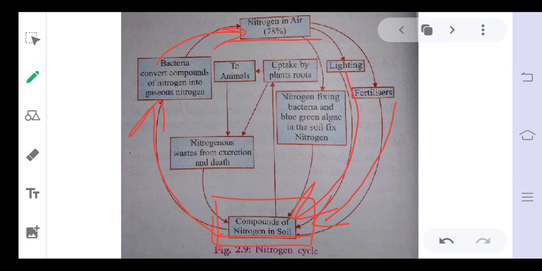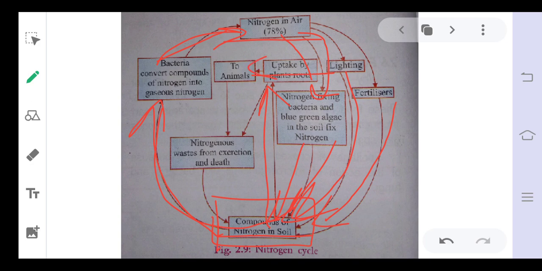After that you can see atmospheric nitrogen and the nitrogen-fixing bacteria that we had discussed. Through nitrogen fixation, atmospheric nitrogen is converted into compounds. These bacteria are found in leguminous plants, and the compounds can be utilized by the plants, and then the same process continues. These nitrogen compounds are taken up by the plants, and then from the plants by the animals.